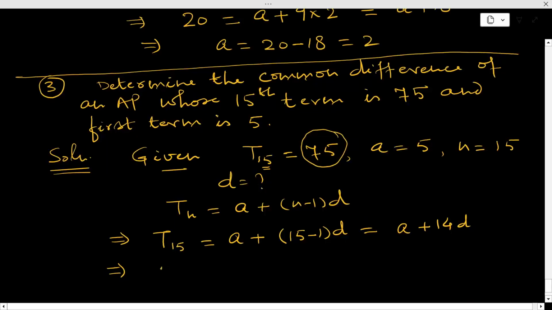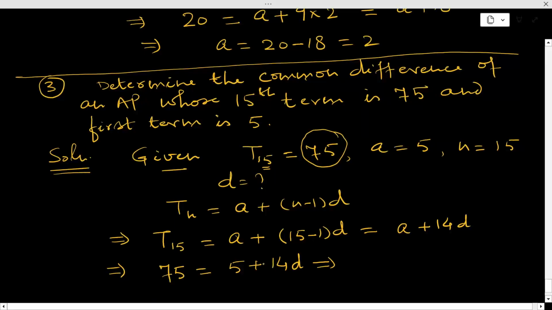Okay, so 75 is equal to a, and a is 5, plus 14 times d. The common difference is d, which we have to determine here.